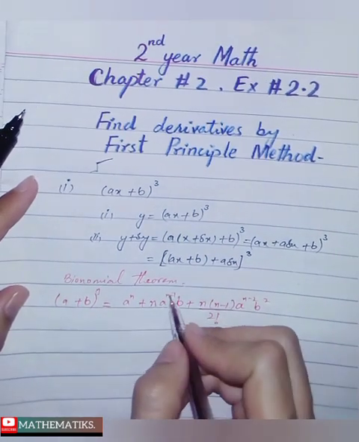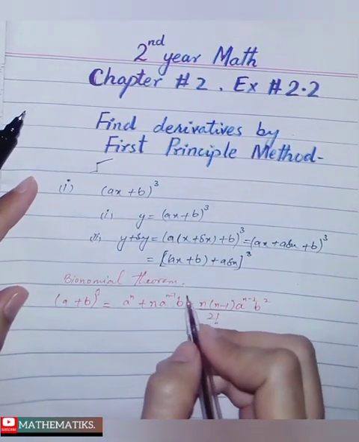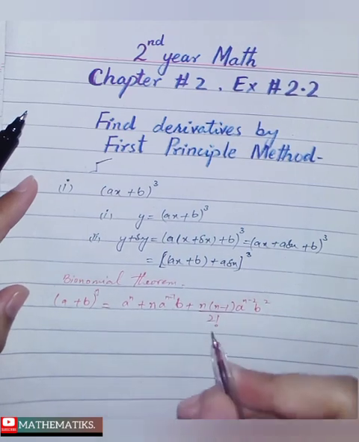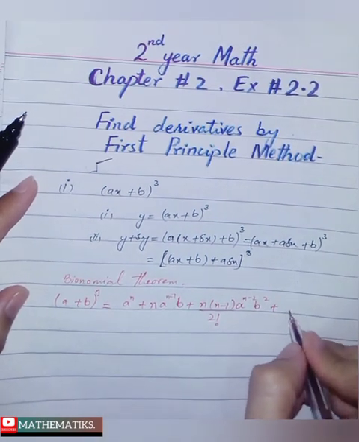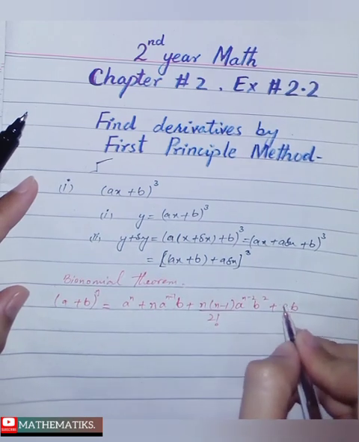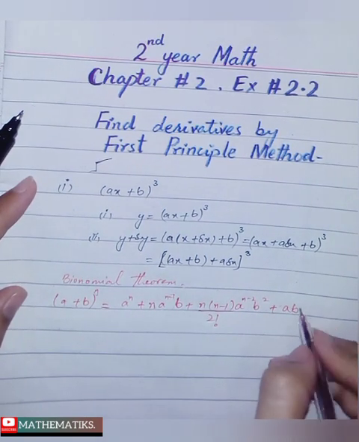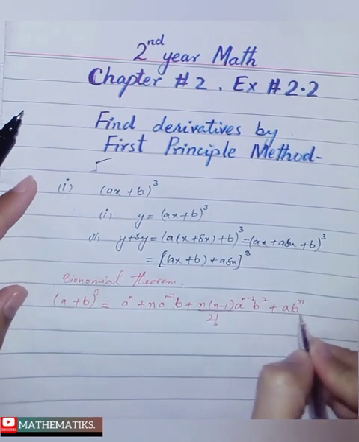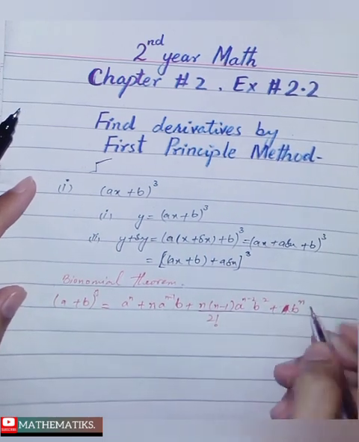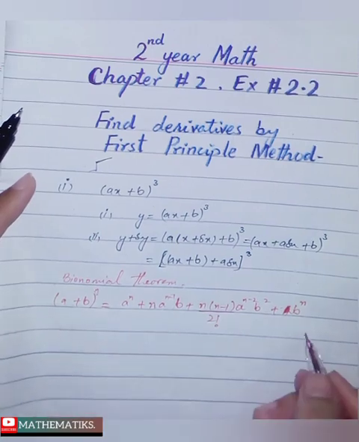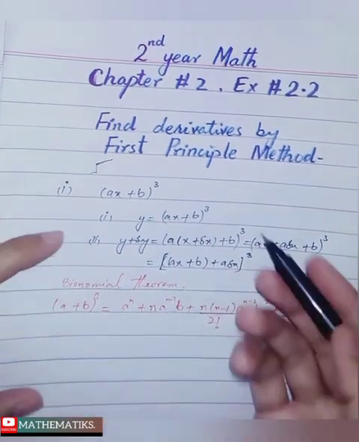Gradually, as the power of a decreases by 1, the power of b increases by 1. At last we get b power n, only b power n. This is known as the binomial theorem. We are going to apply this theorem here.